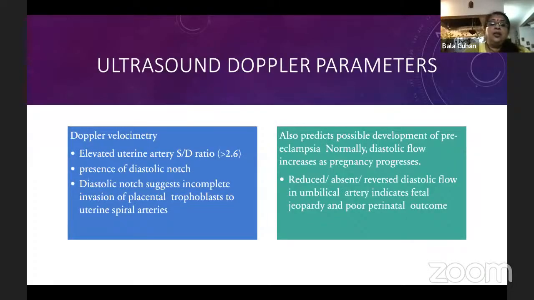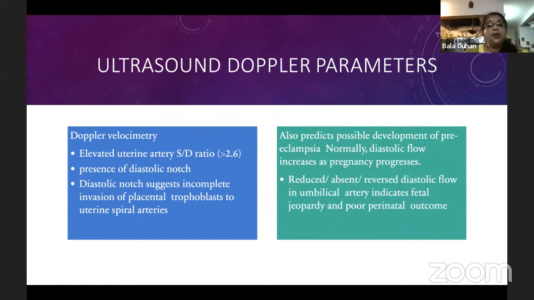So we have certain ultrasound Doppler parameters. Doppler velocimetry, elevated uterine artery S/D ratio of more than 2.6. Presence of diastolic notch. Diastolic notch suggests incomplete invasion of placental trophoblasts into the uterine spiral arteries, which normally occurs around 11 weeks.